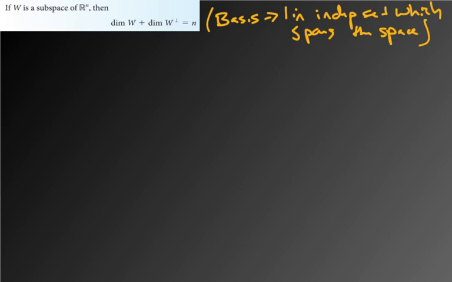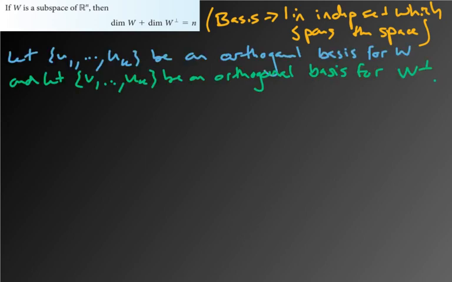So I'm going to start off and say: let U1 through UK be an orthogonal basis for W, and V1 through VK be an orthogonal basis for W perp, right? Then what I've got right now is that the dimension of W equals K, and the dimension of W perp is L. Wait, did I do that backwards?